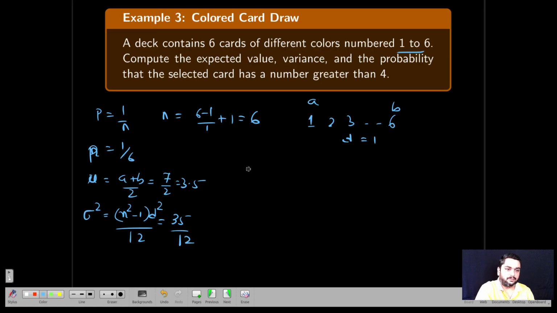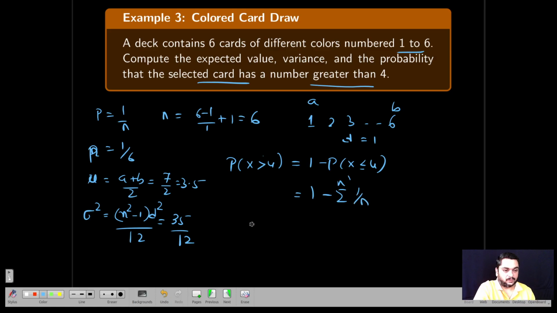Next. To find the probability that the collected card has a number greater than 4: P of x greater than 4. This can be written as 1 minus P of x less than or equal to 4. Why? Because 4 is not included here. So you find now 1 minus the summation till n dash of 1 by n. Now find n dash.